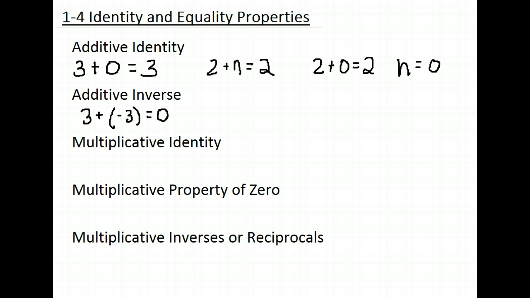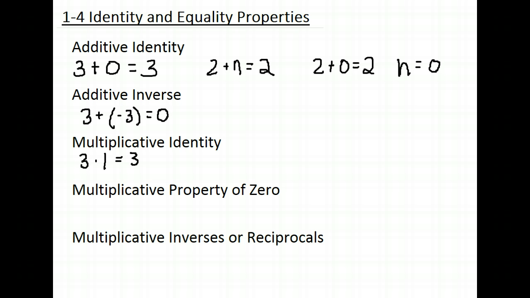And there's also some special properties associated with multiplication. So we have the multiplicative identity. So multiplicative identity is any number times 1 equals the number. So if we have 3 times 1, that equals 3.